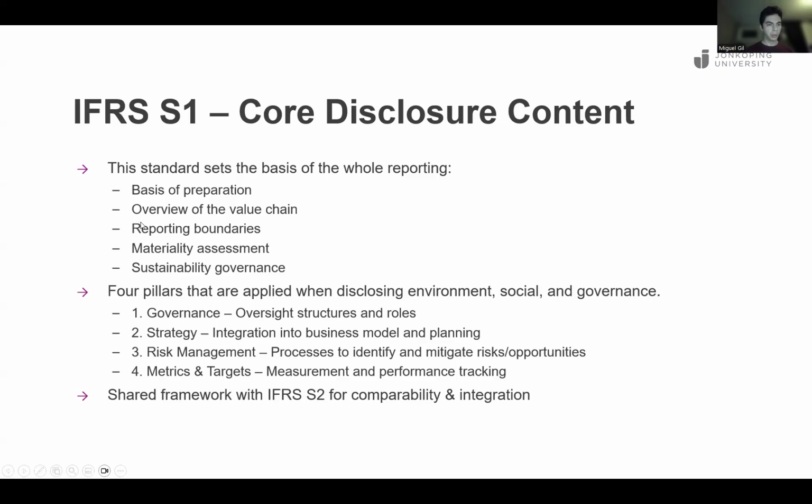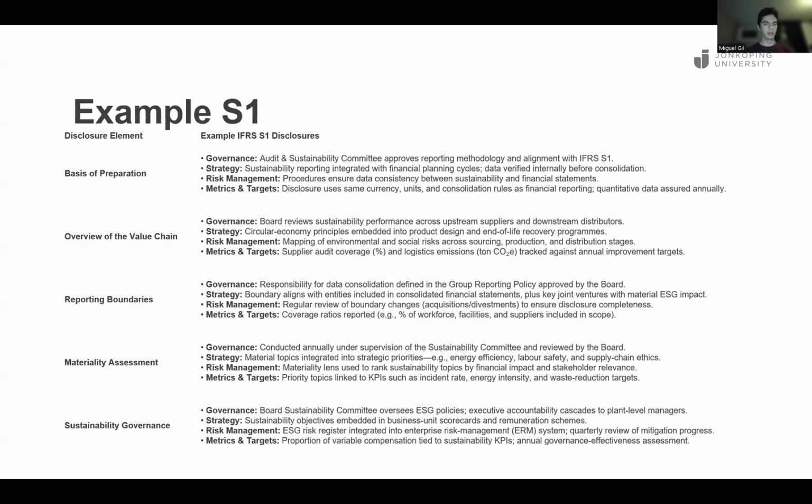But let me show you an example of how we can see the application of this in something very concrete. So for the example of S1, what has to be reported according to S1? We have the five points that we cannot ignore: basis of preparation, overview of the value chain, reporting boundaries, materiality assessment, sustainability governance, the five things we need to disclose. And then for each of them, we have the four dimensions.